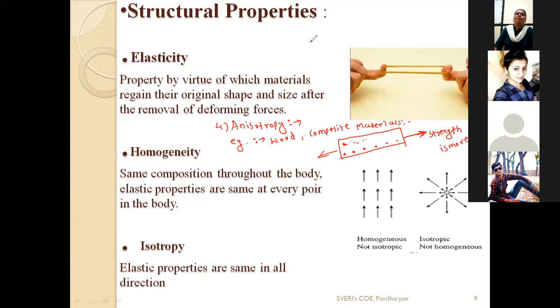But I am checking strength perpendicular to the position of steel. At that time strength is less. So here elastic properties are different. So this is the example of anisotropy.